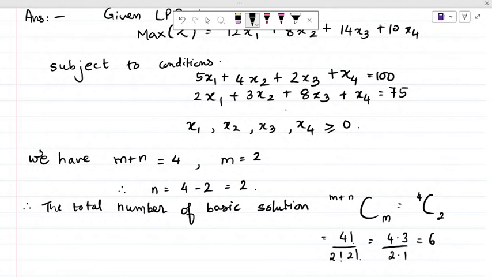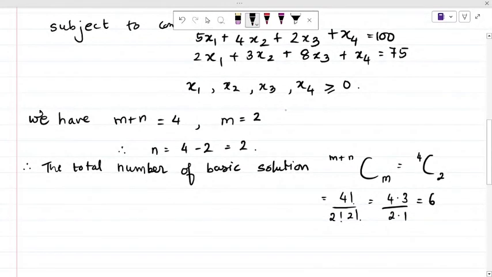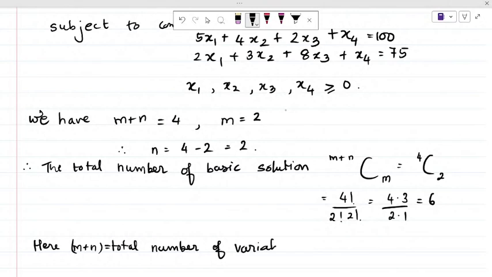Now we also write down here that m plus n is the total number of variables, and m is the total number of constraints, the main conditions, not the non-negativity conditions.